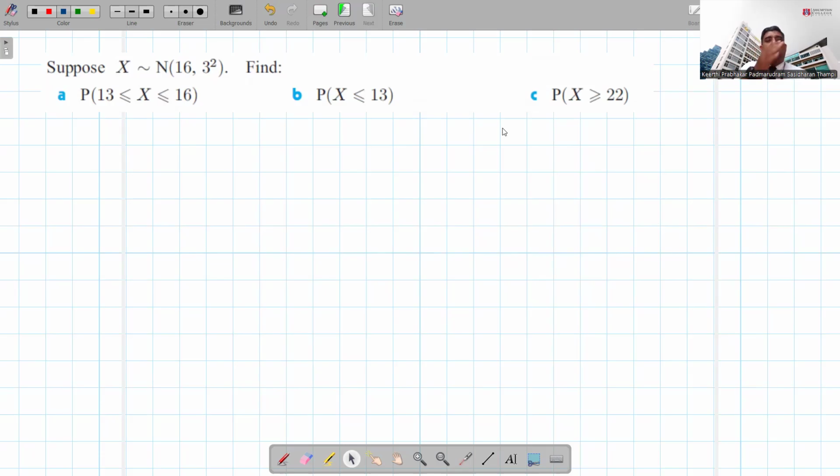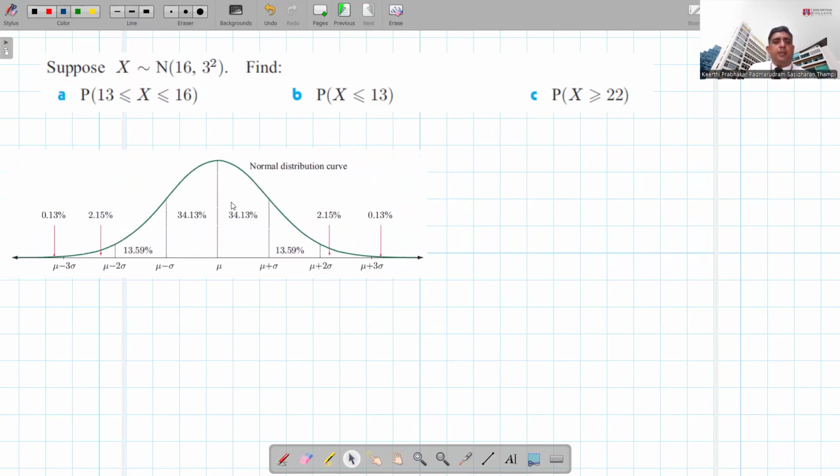So the first part means it's a normal distribution. X is the data with a normal distribution, 16 mean, and 3 as standard deviation. Okay, so if I bring the table in here, this is the table.